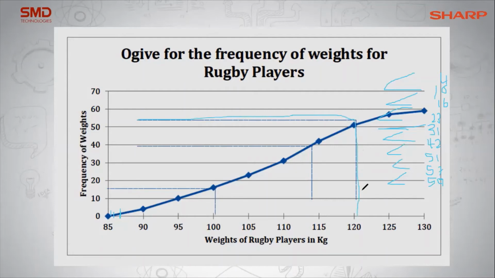So it looks like it is just at 121 or 120 and a half. Okay, so your top weights would be between 120 and 130. So 25% of the data is here. Okay, cool. Are we all happy so far? Okay, just get rid of all of this stuff. Awesome.